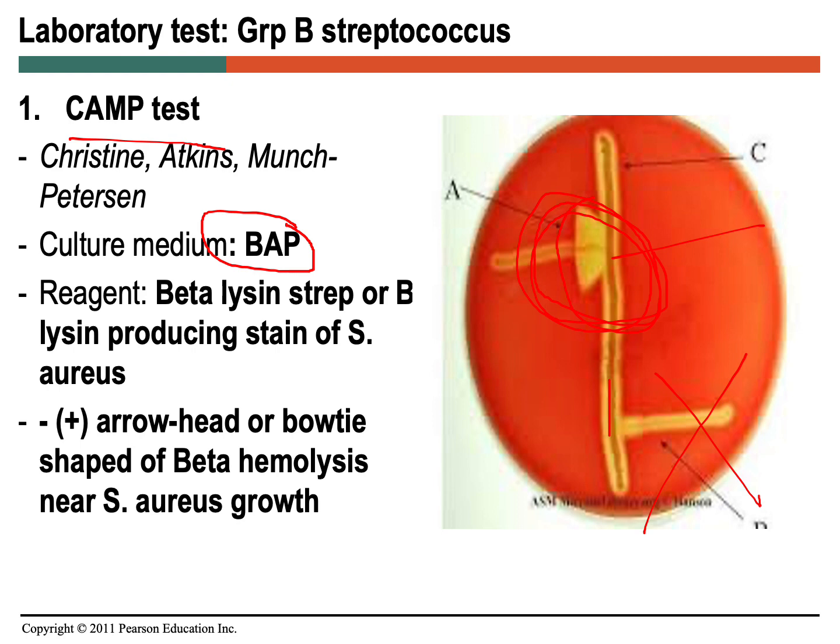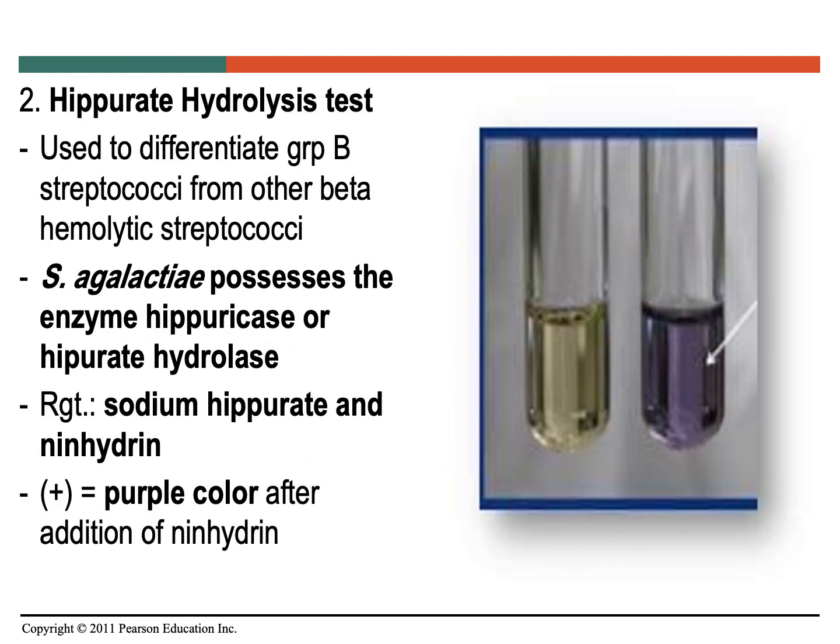The principle of your CAMP test, class, is that the CAMP factor synergistically acts with the beta lysin of Staphylococcus aureus, which enhances the lysis of the RBC. That is why it is important to use a beta hemolytic organism like beta hemolytic Streptococcus or Staphylococcus, because these contain beta hemolysin.